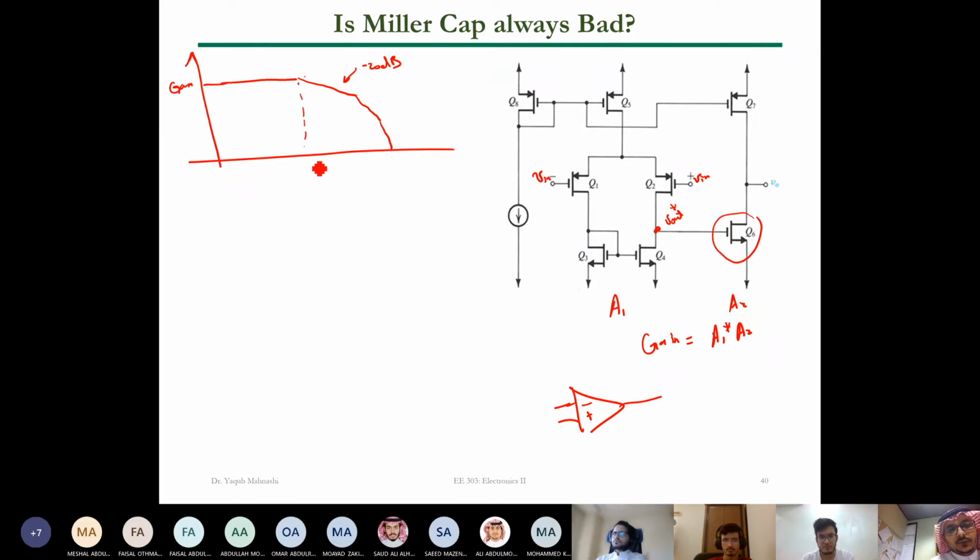This is the first pole, this is the second pole, and this is the third pole. I am considering 3 poles for the system, of course it can be more. One of the students said 5, it's okay. But this system can have more than 3 poles. This one is minus 40, and this one should be minus 60 dB. So the main idea here.